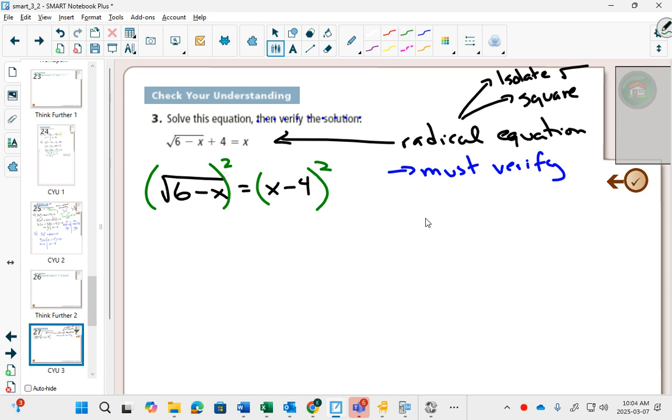Squaring a square root cancels each other out, leaving me with just 6 minus x. Squaring a binomial means x minus 4 times x minus 4. You're going to have to FOIL that out. So you're going to get x squared minus 8x plus 16.